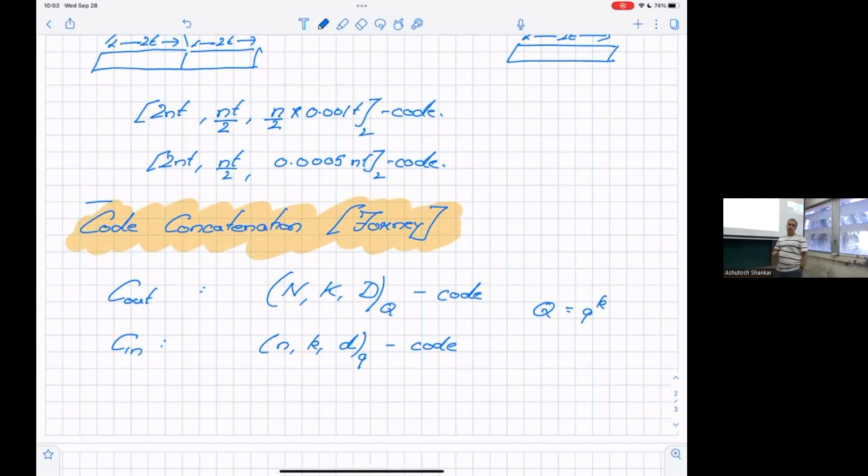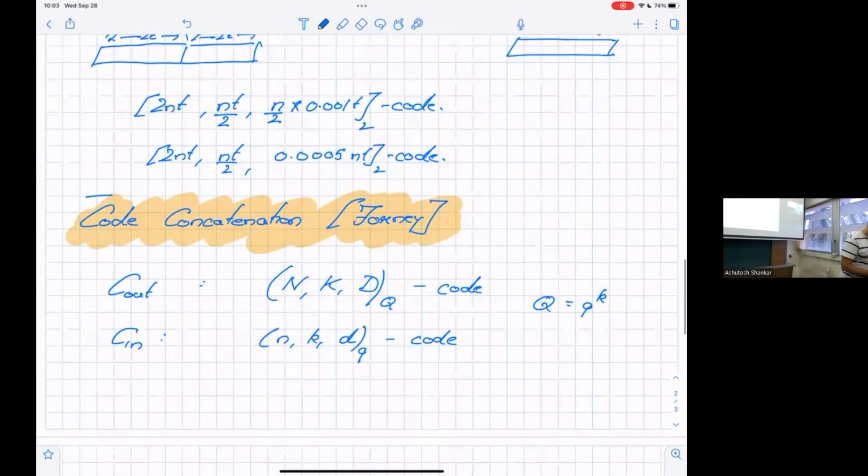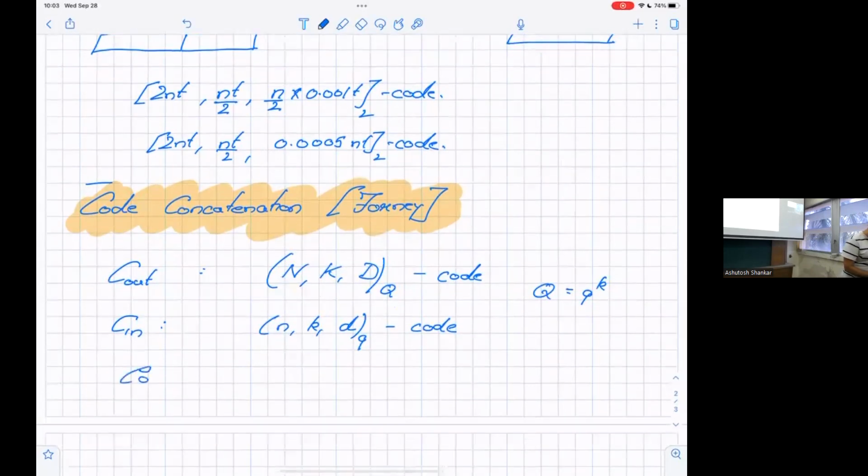If you put these two together, I want to combine to get what I call the concatenated code. Yeah, but you want to keep small q as small as possible. So you choose to make it as small as possible. You just need to be able to do the input.